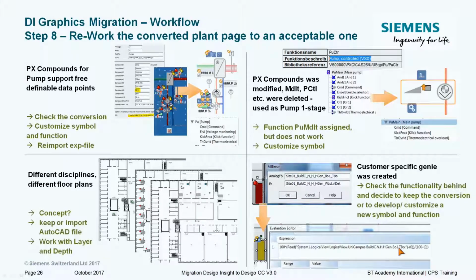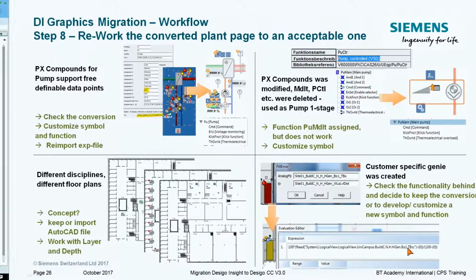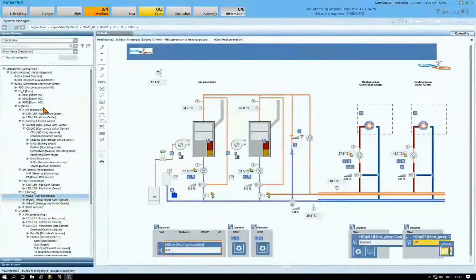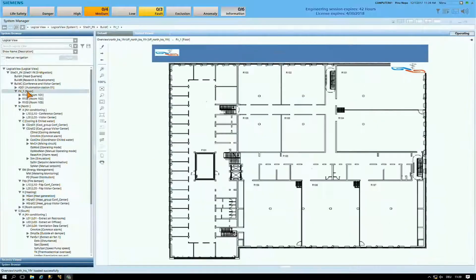And now let's have a look at the plant graphics. Flow 1. Right now there are no objects available.